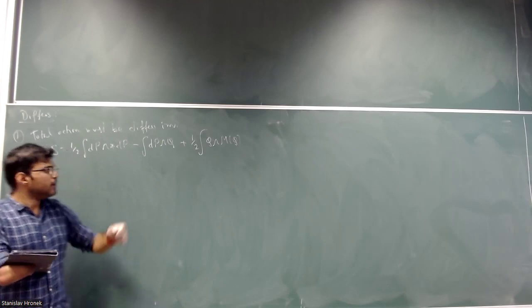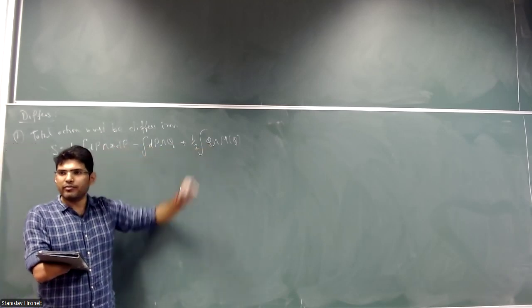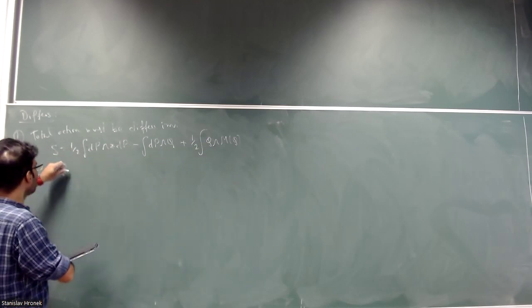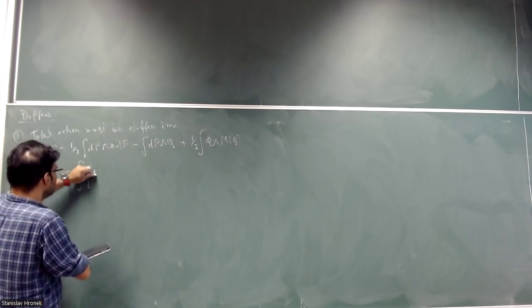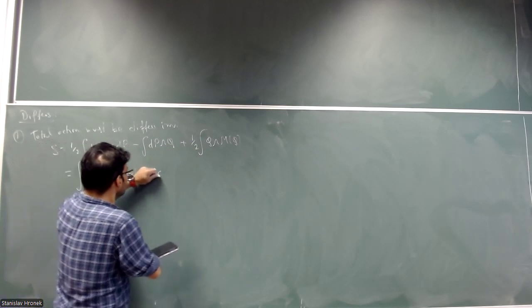So in some sense, none of these integrals together makes sense on a manifold with metric G. In fact, perhaps the more rigorous way of writing this would be that this is meaningful.